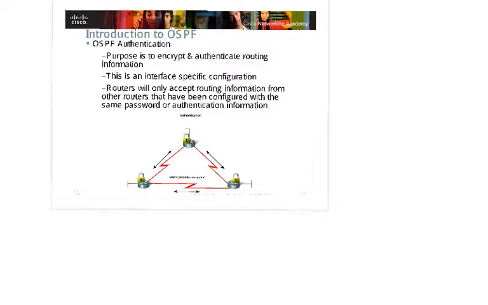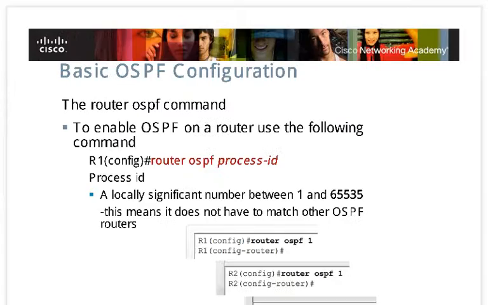The main purpose of the authentication is to make sure that the routers that are sending information to you are really authorized and identifiable routers, not an attacker or someone who is trying to attack the network.